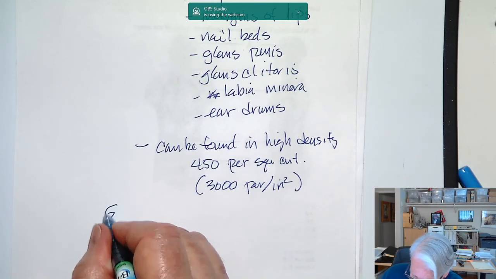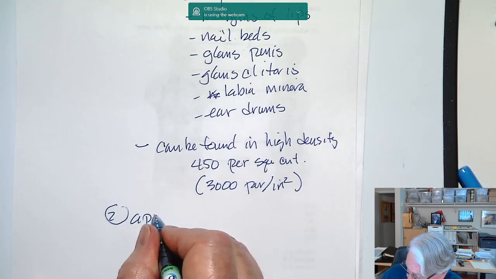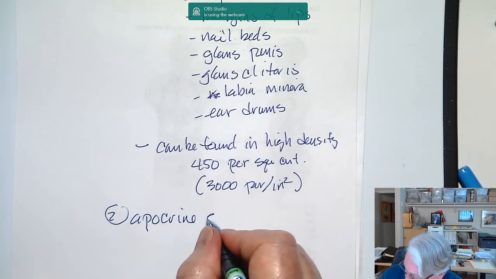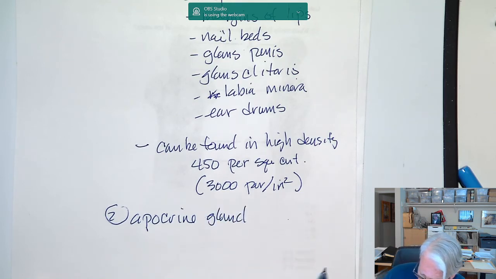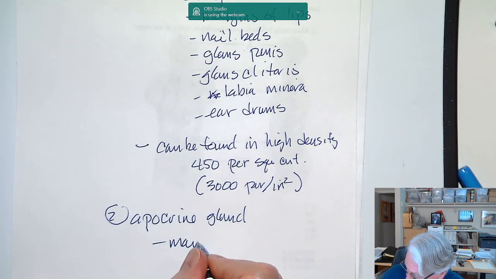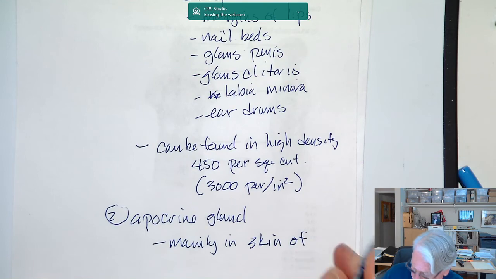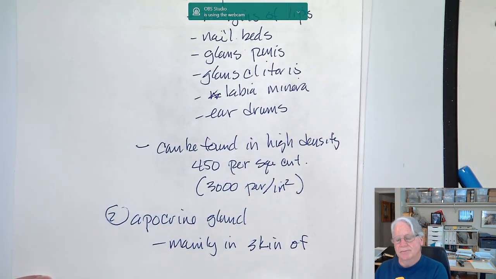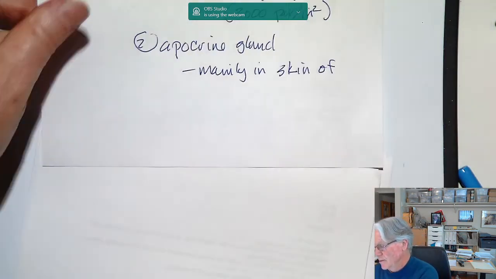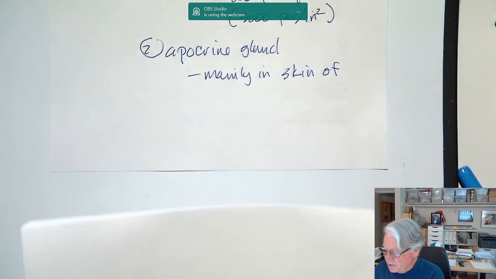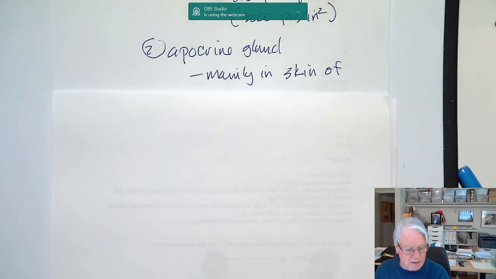The second type of gland is the apocrine gland. And this is mainly in the skin of, and we'll make a list here. I want you to pay attention to this list and tell me something.